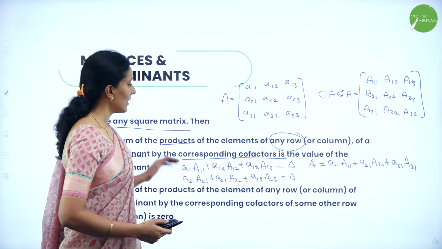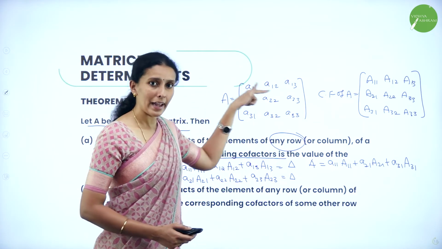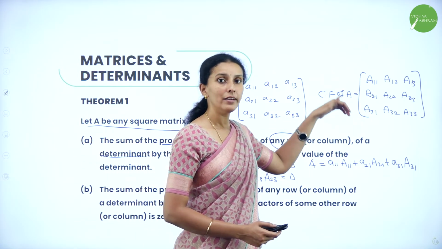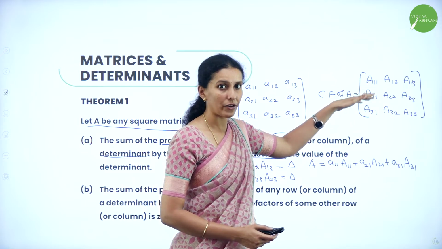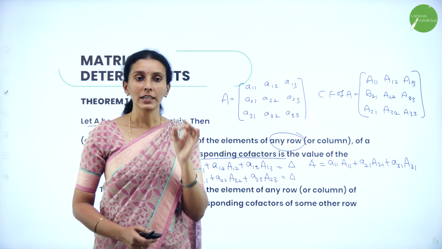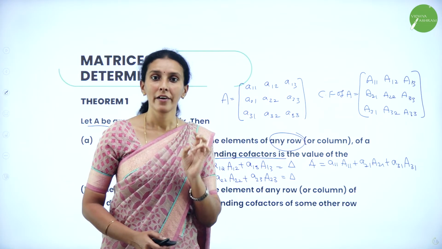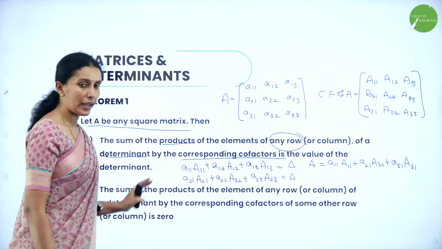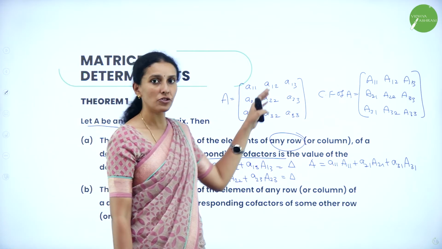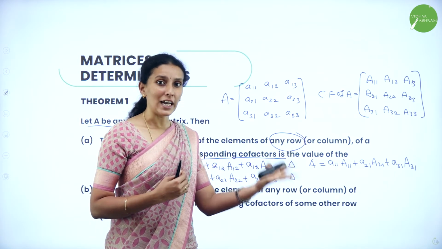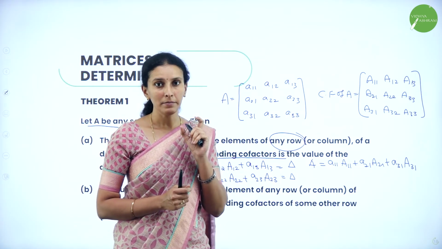So taking the elements of any row or any column and multiplying with the corresponding elements in the cofactor matrix of the same row or column, the value of the determinant will be the result. Similarly, the second one says if you take the products of the elements of any row with the cofactors of another row, or any column with another column, the value will become 0.